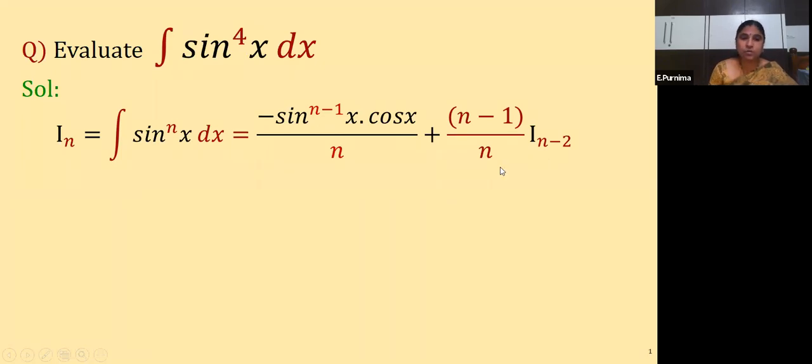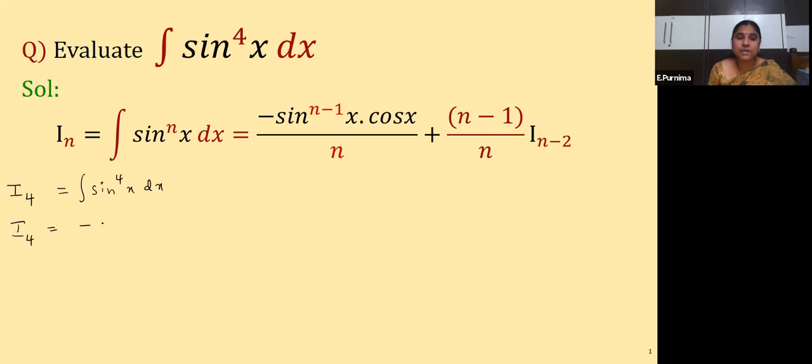Okay, so let us try to do that sum. Apply the formula here. Our given sum has n equal to 4, so we write it as I4. I4 is equal to the integral of sin to the power of 4x. Let us apply this formula here.